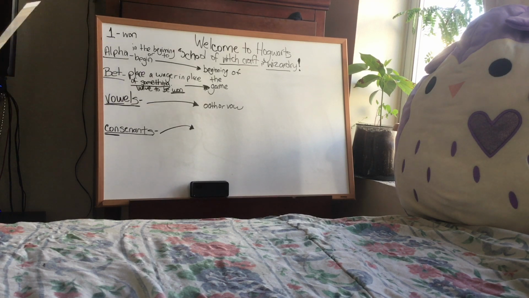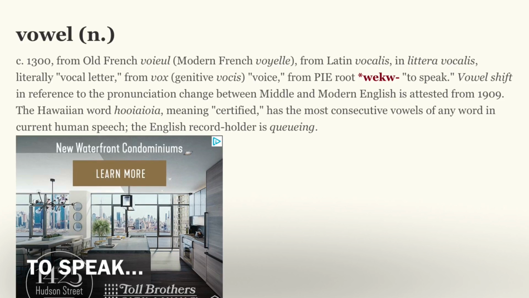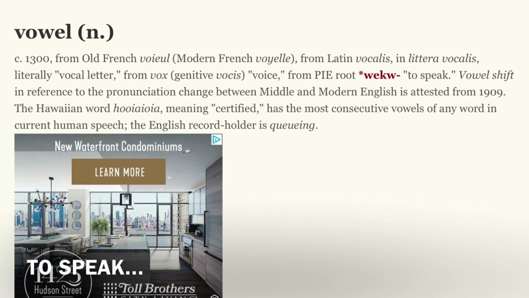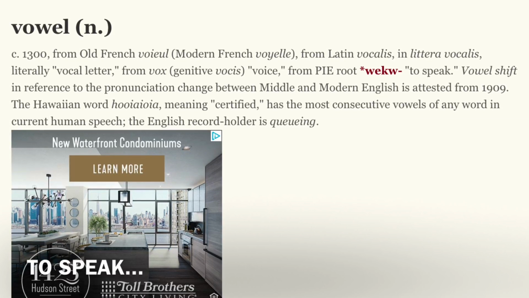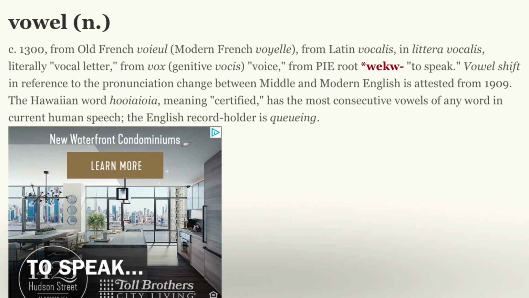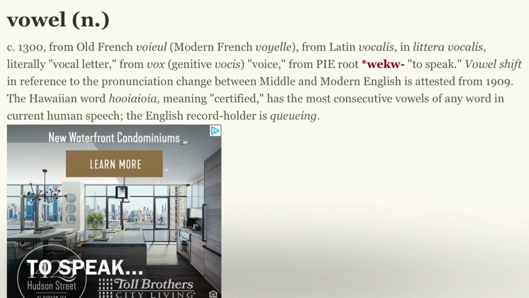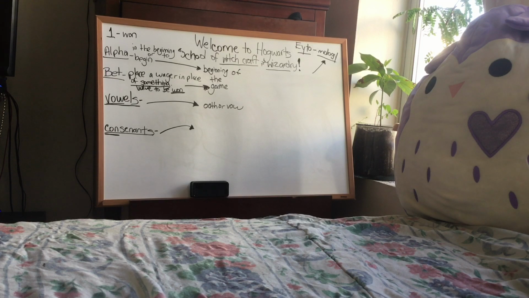So now the word vowel means to speak, spoken, said, to mention.